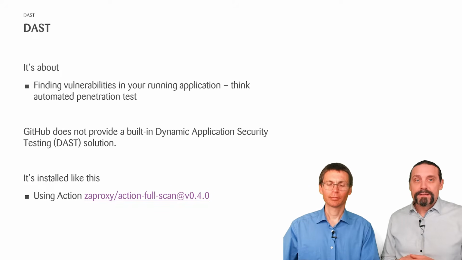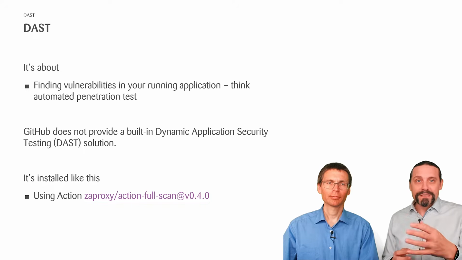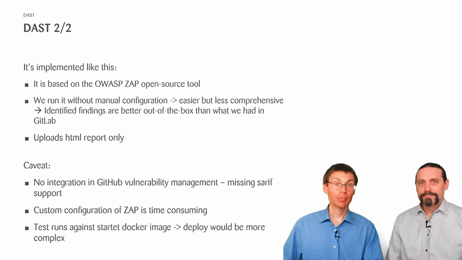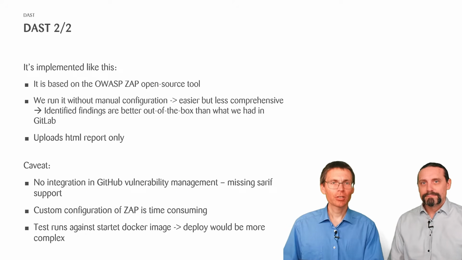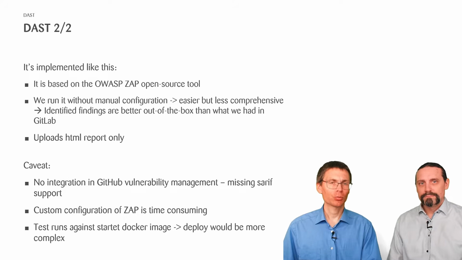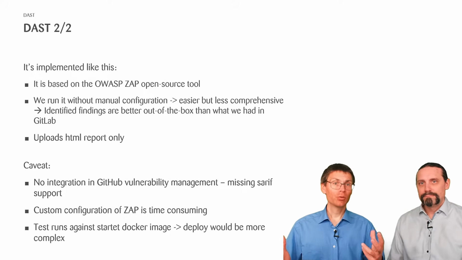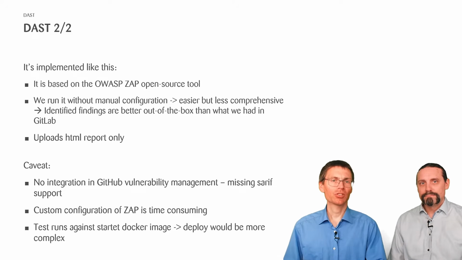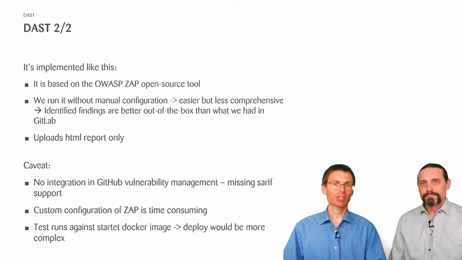So this means that you can go to the GitHub marketplace and search for this GitHub action. As mentioned, this action uses the OWASP ZAP open source tool. As we use it, we do not add any of our own configuration, so we take it out of the box.